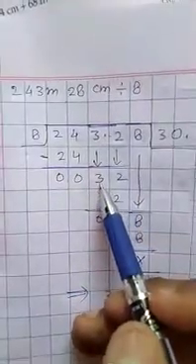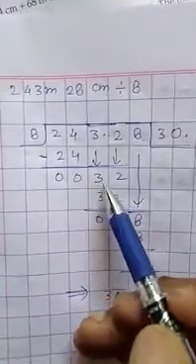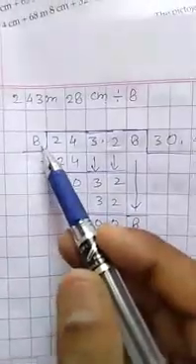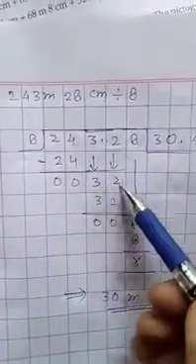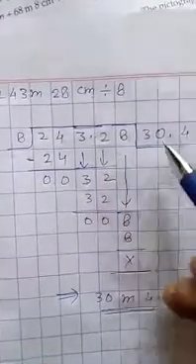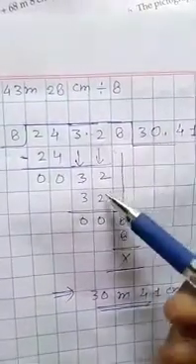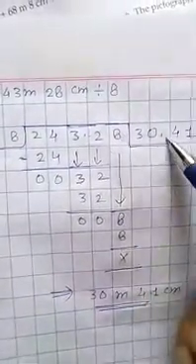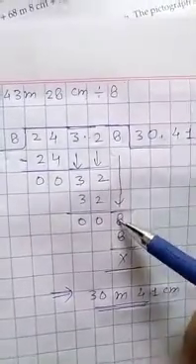We will put 3 here. Now 3 is not divisible by 8, so we will put 2 also, it will be 32, but before we write 2, we will write 0 in the quotient. Now we will write the point also and write 8.